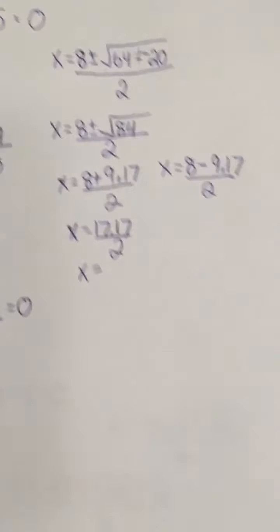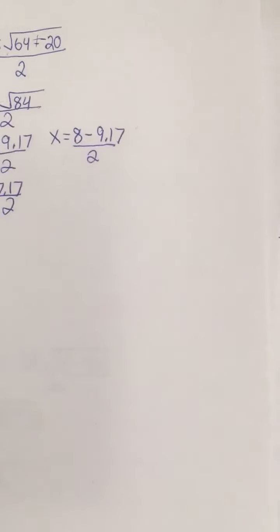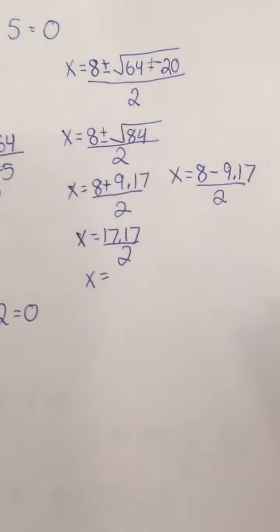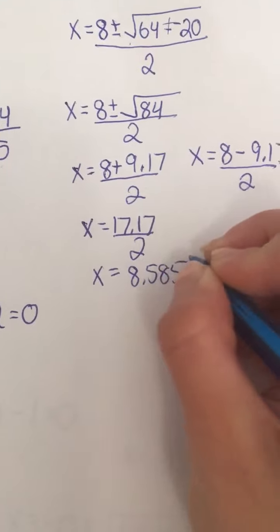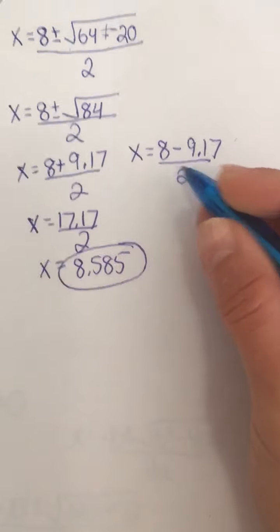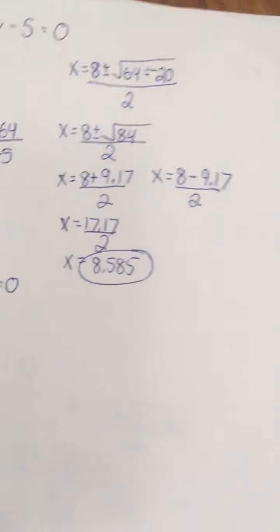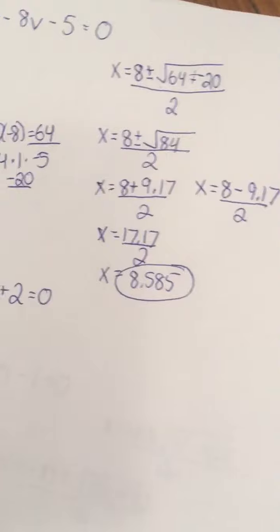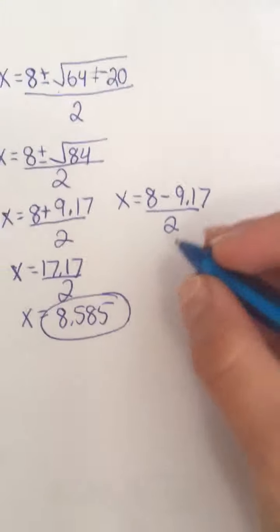Use your calculator to figure that out. 8.585 for one answer. The other one, 8 minus 9.17 is negative 1.17. That's what I thought.